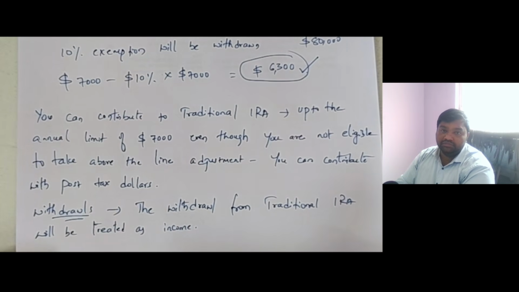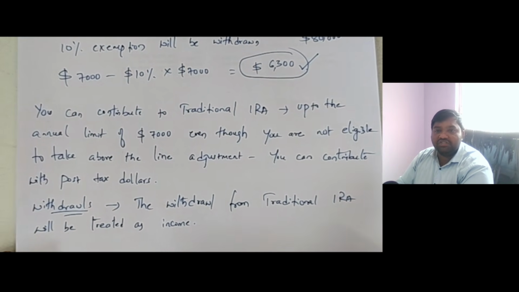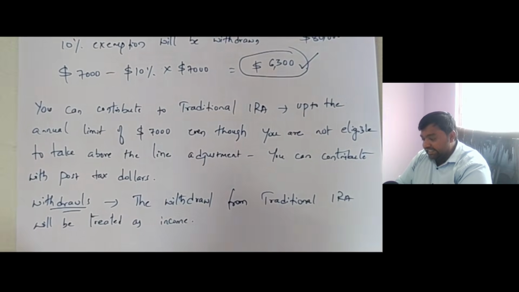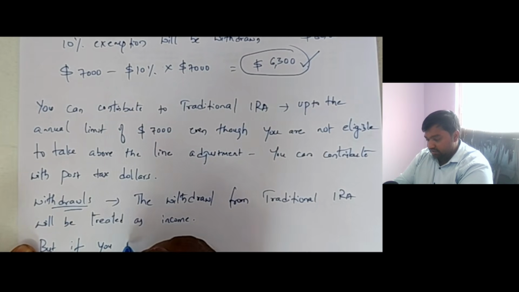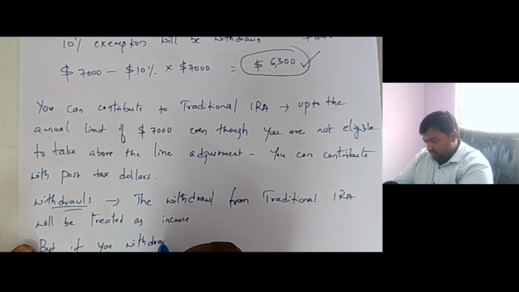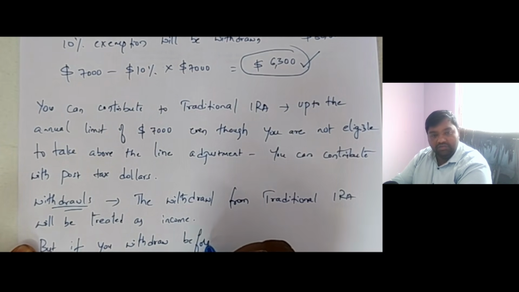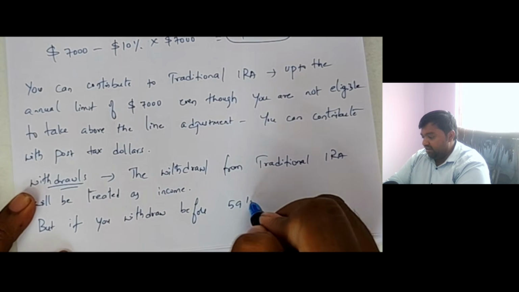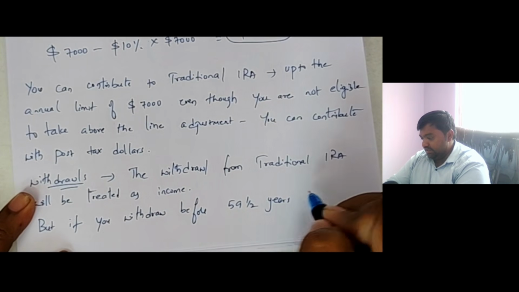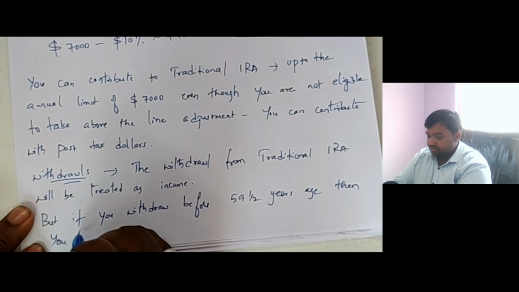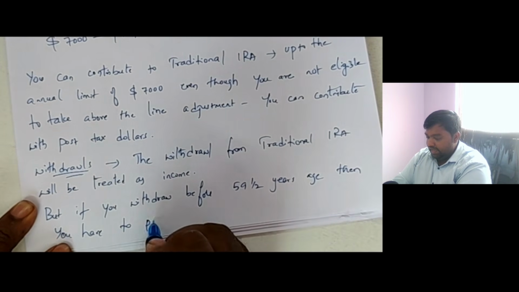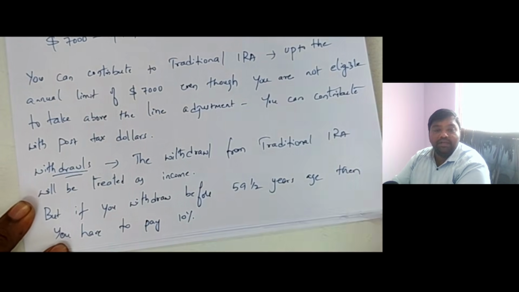There are no restrictions on withdrawals, but if you withdraw before 59.5 years of age, then you have to pay a 10% penalty.